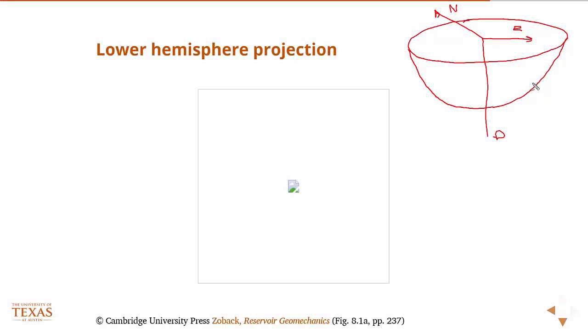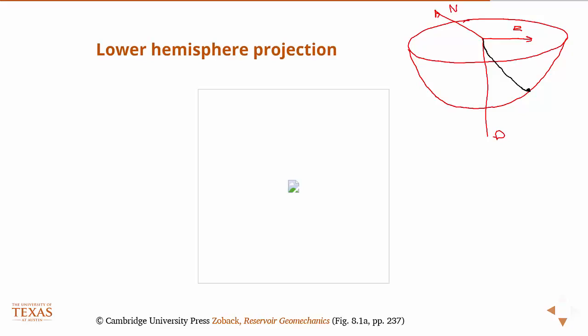And in this bowl, we plot the location of the bottom of the borehole. So if the borehole started here and deviated, and then it ended up here, right? So the place where a deviated bore would cross this hemispherical bowl, okay?